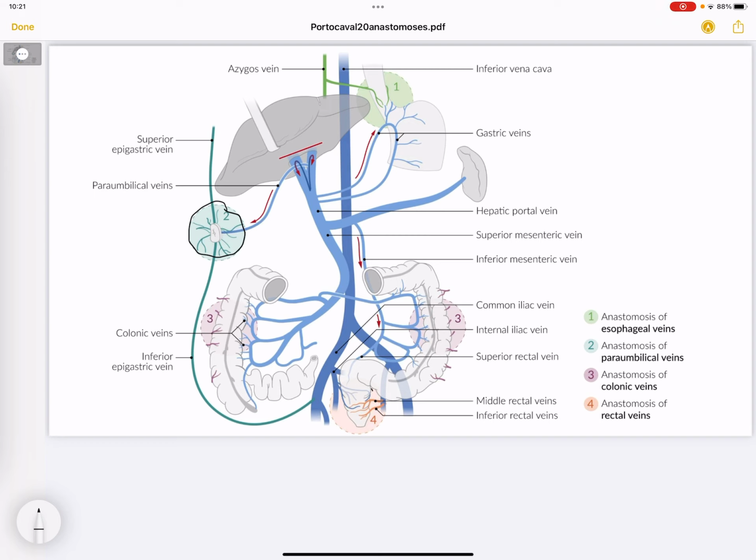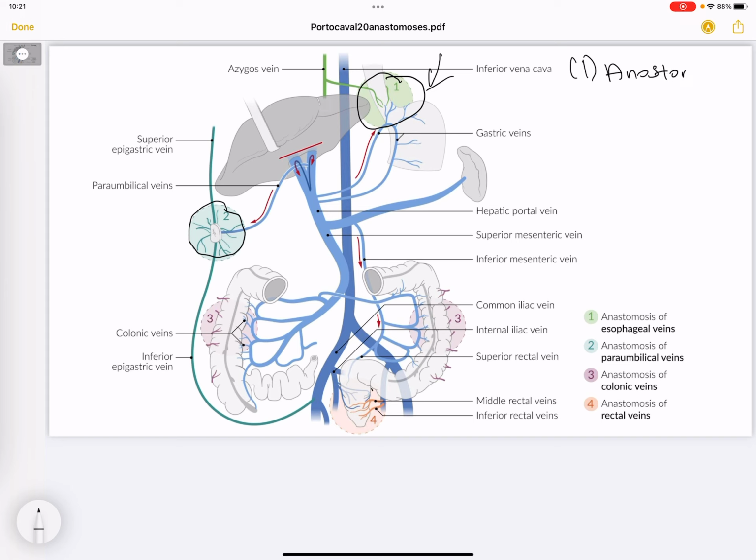The first region that we're going to look at is the anastomosis of the esophageal veins, which are located here. And we're going to see the anastomosis of the left gastric vein of the portal system with the azygos vein of the caval system. So let's write this down.